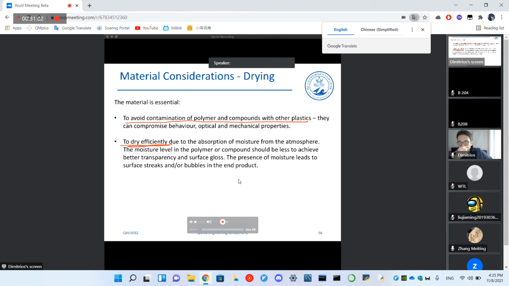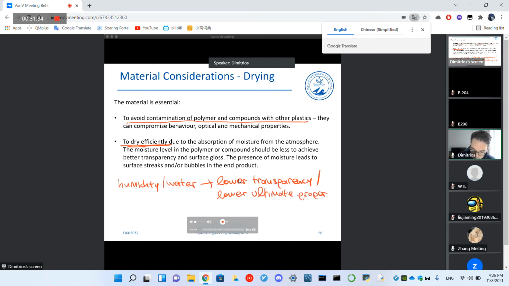Because humidity or water can lead to lower transparency and also lower ultimate properties.